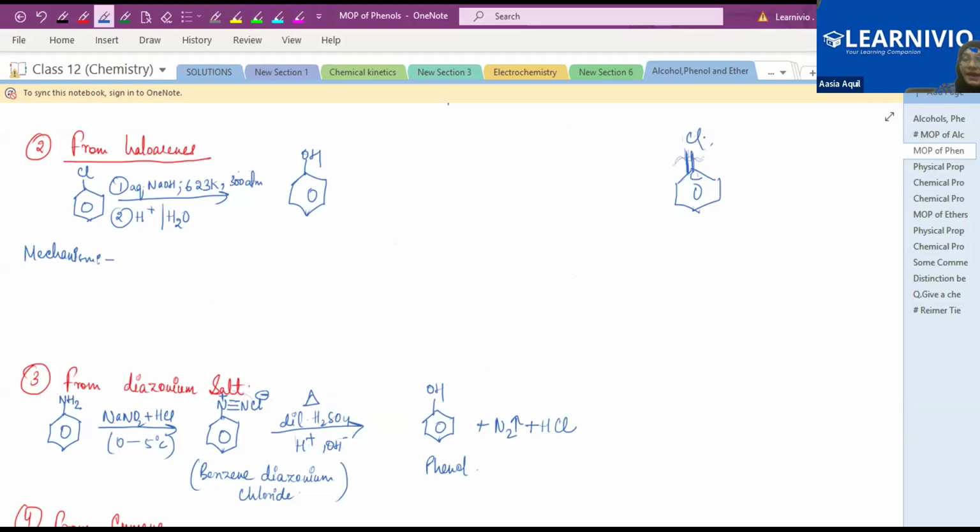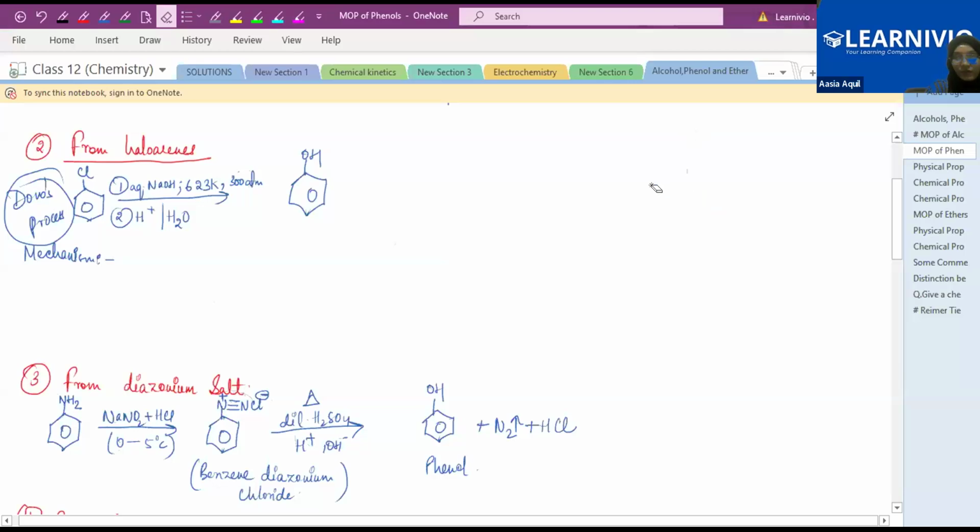This process is known as the Dow process. Just write it down, this is important. So from haloarenes, how can you prepare phenol? By a nucleophilic substitution reaction. Suppose this is a chlorobenzene.